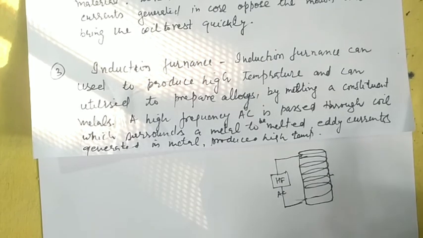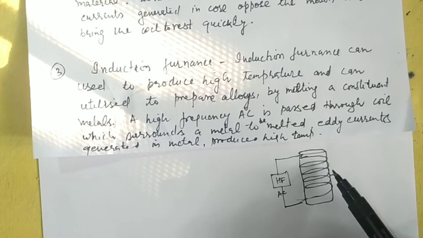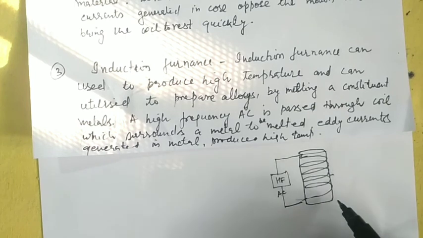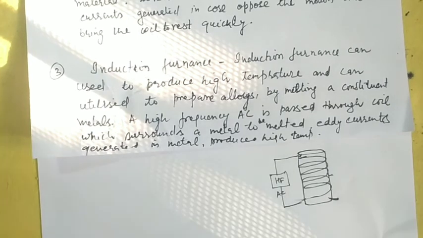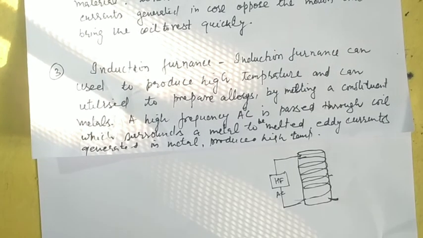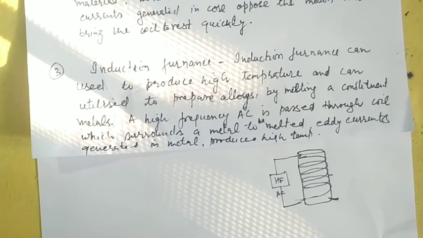As a result, eddy currents are produced in the metal, and these eddy currents produce a very high temperature which can melt this metal.